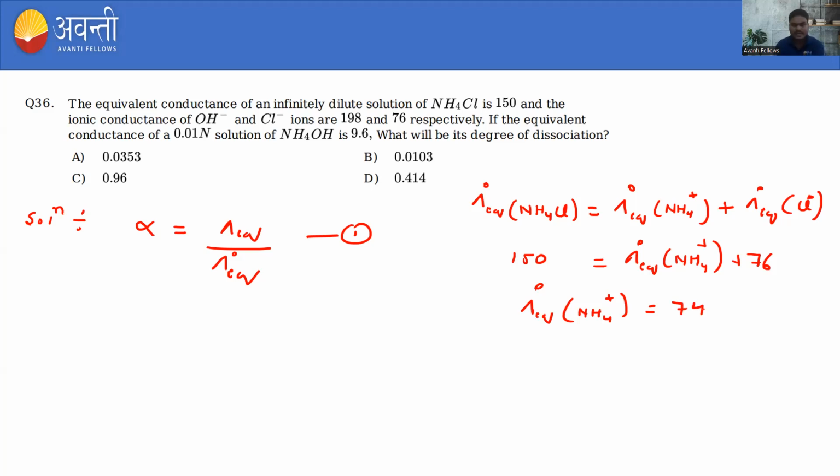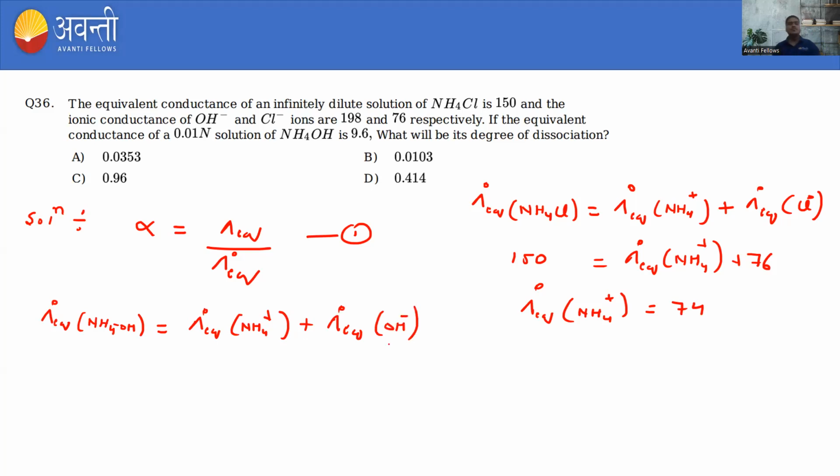Similarly, the equivalent conductance of ammonium hydroxide, that is NH4OH, we can write as the equivalent conductance of NH4 plus plus the equivalent conductance of OH negative ion.